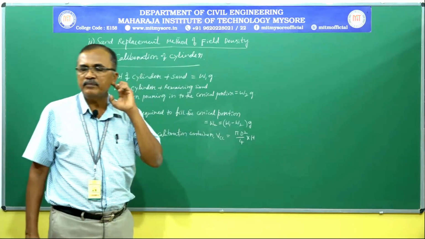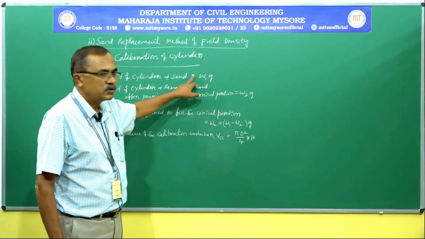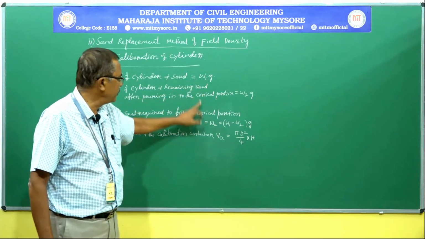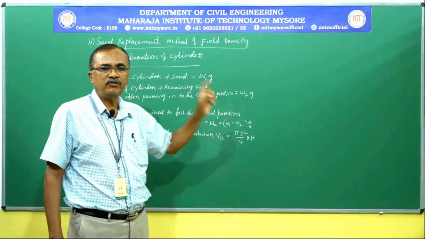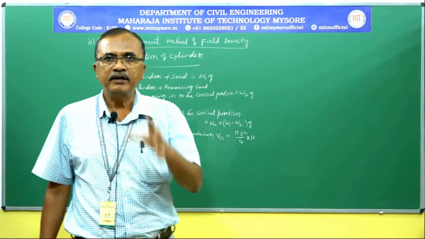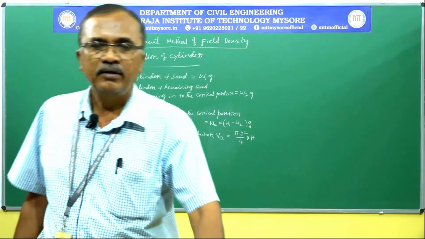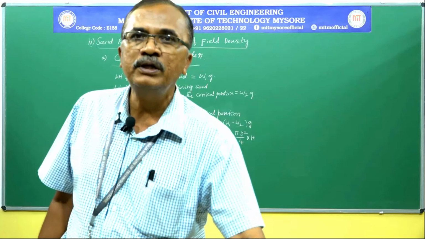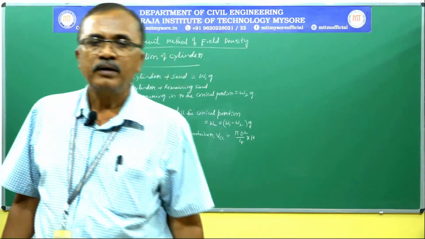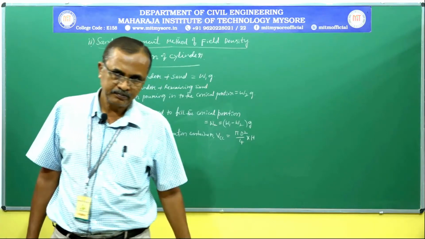Again note down the cylinder plus remaining sand, that is W2. So numerical difference of W1 and W2 gives us the weight of sand required to fill the conical portion. It is nothing but the weight of the sand above the calibration container in the form of heap.